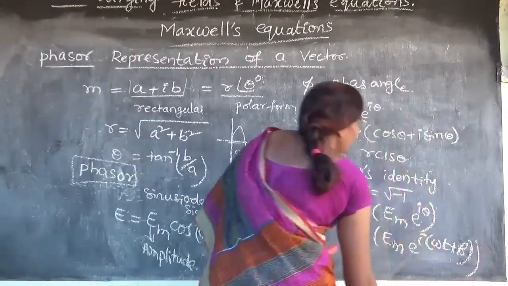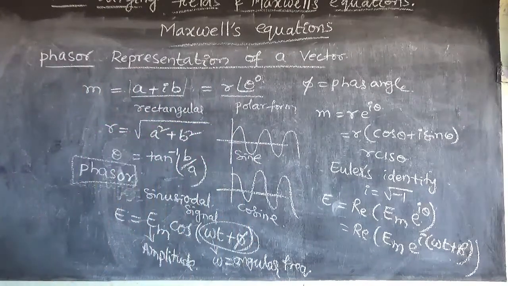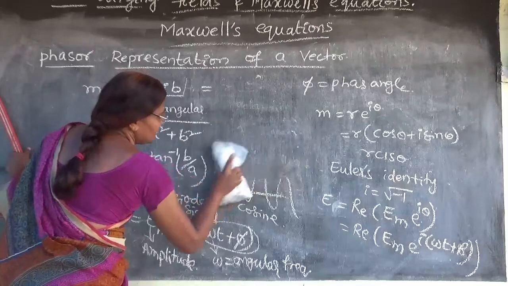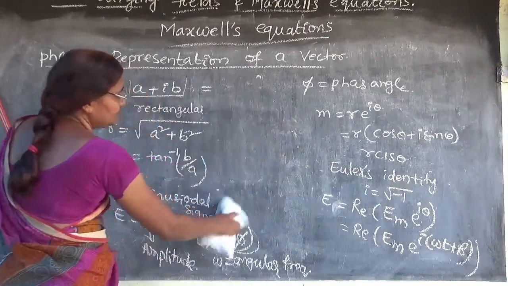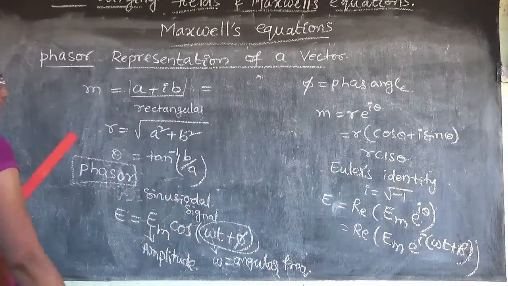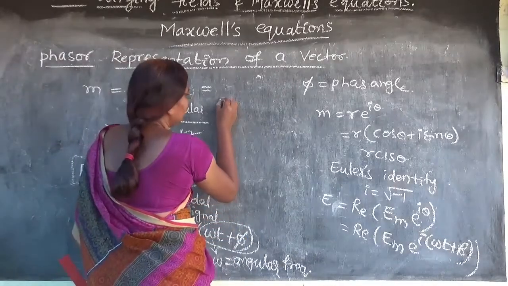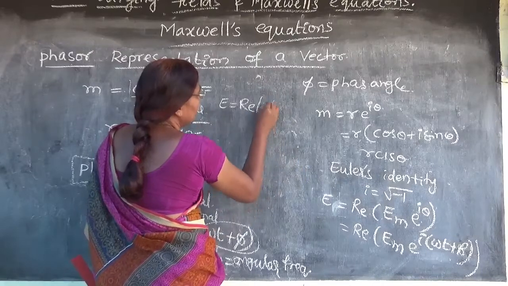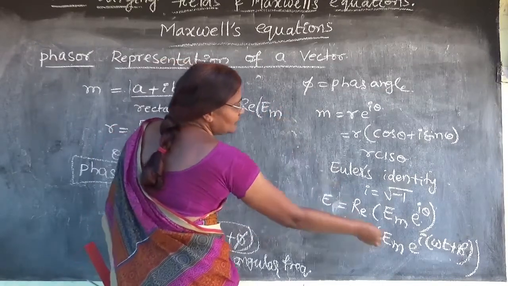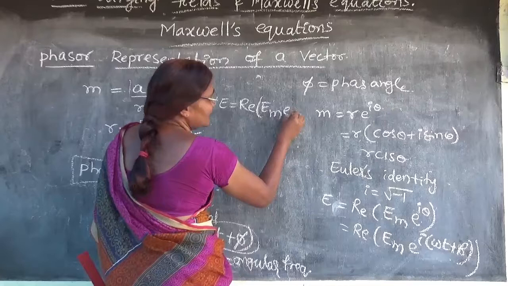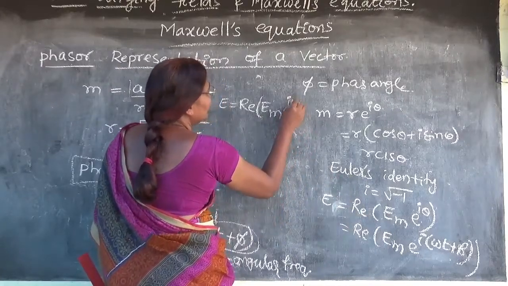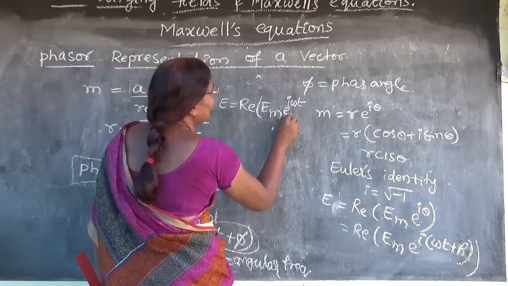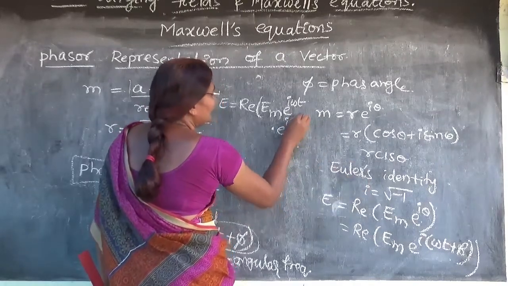So if I write it here, continuation. If I expand it, E is equal to the real part of Em into e to the power of i omega t into e to the power of i phi.